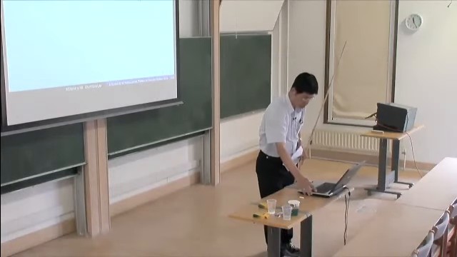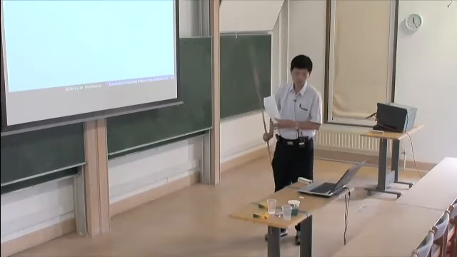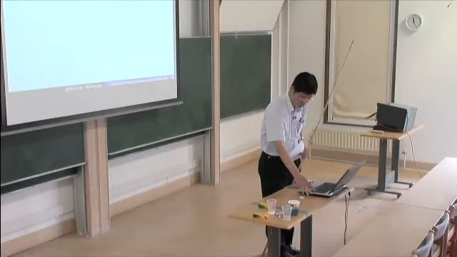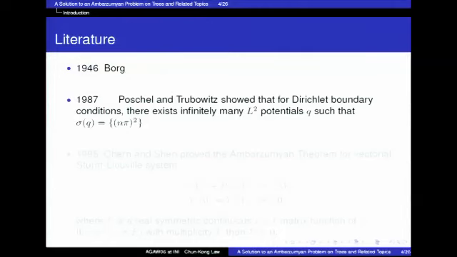For Dirichlet spectral problems, Borg in '46 had a long paper showing that, in general, one set of eigenvalues cannot uniquely determine the potential function. And in '87, Poschel and Trubowitz, using some Fourier series analysis, showed that there are infinitely many for the Dirichlet boundary condition.